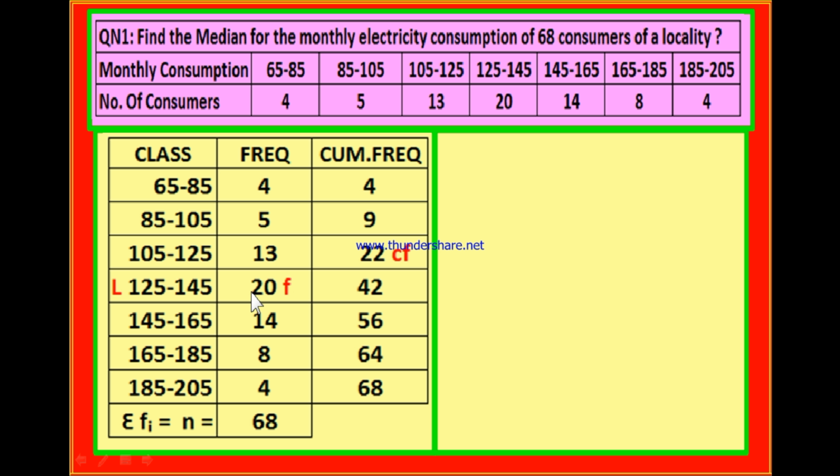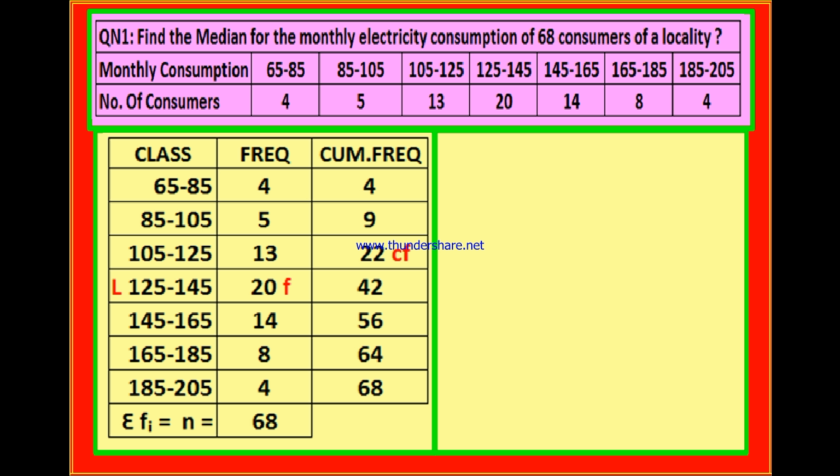Otherwise, in order to find out the class in which the n by 2 score lies, you may verify the cumulative frequency column. In this column, if the value of the cumulative frequency is just more than n by 2, then you pick up that class.